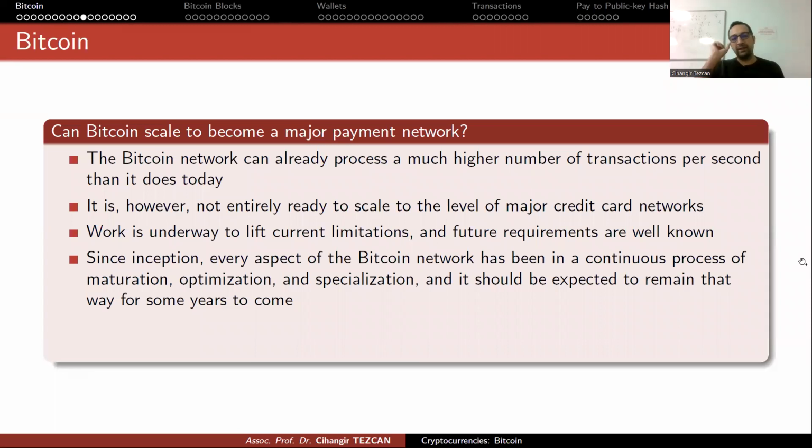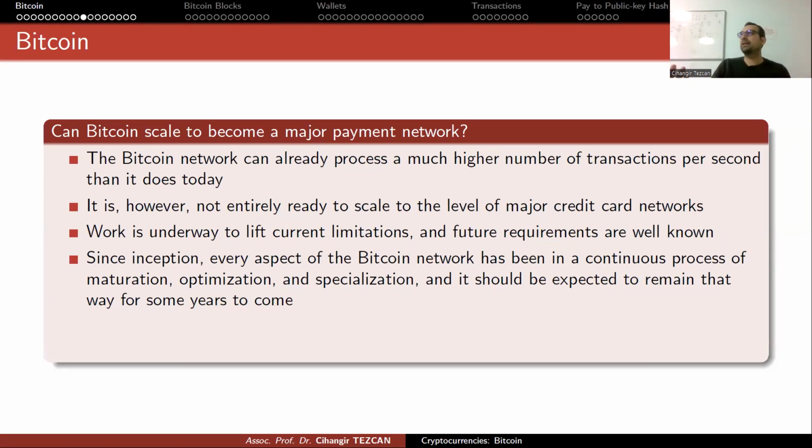Since inception, every aspect of the Bitcoin network has been in a continuous process of maturation, optimization, and specialization, and it should be expected to remain that way for some years to come. So we should have many updates in order for this to be an alternative to Visa or MasterCard, but still you cannot do it without a hard fork because a block is written every 10 minutes.